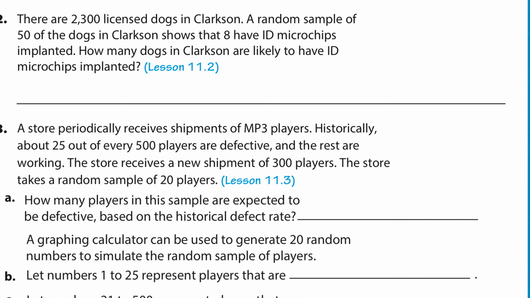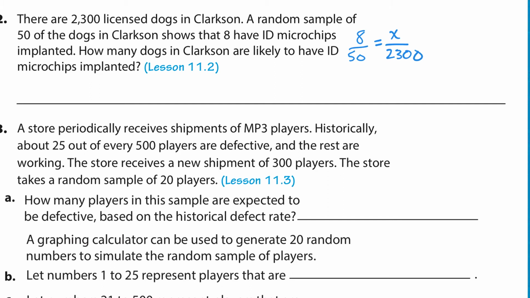So 2,300 dogs are licensed. 8 of the 50. Okay, so 8 out of the 50 in this random sample have microchips. So how many out of the 2,300 would have them?